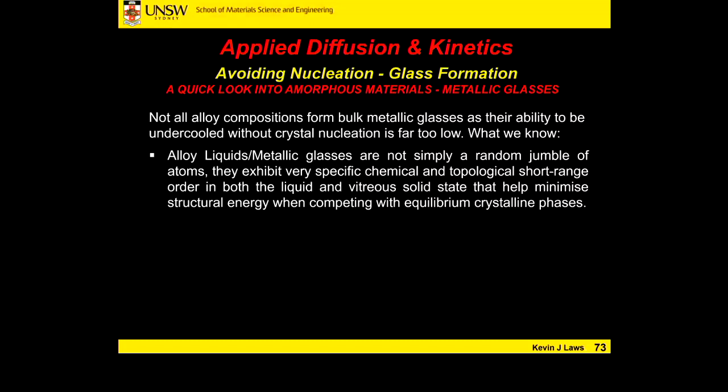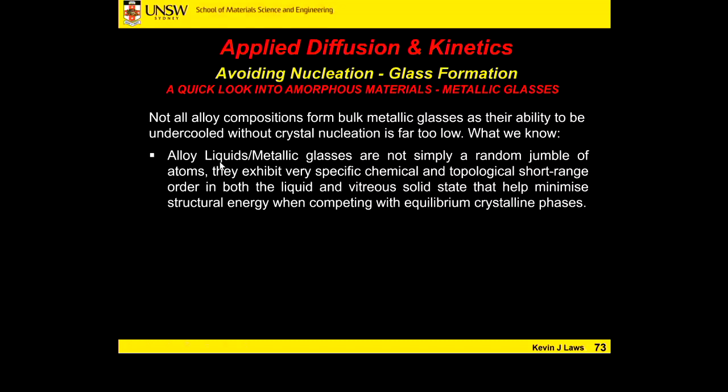We can't achieve efficient or ideal packing, so there's gaps between them. When you've got gaps between atoms, it's easier for other atoms to move through the system. That all affects our diffusion, which then in turn affects our crystallization kinetics, yeah?